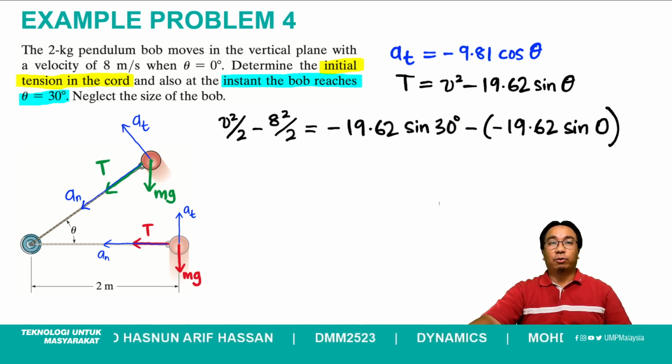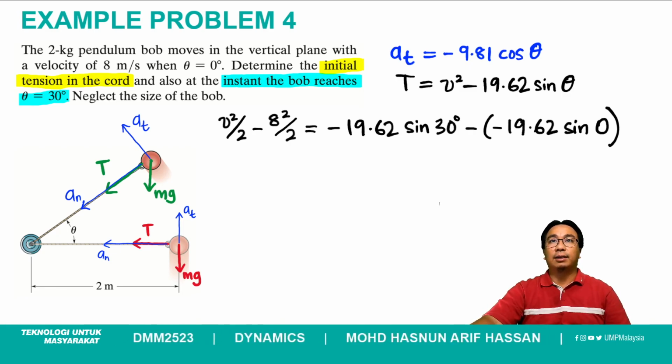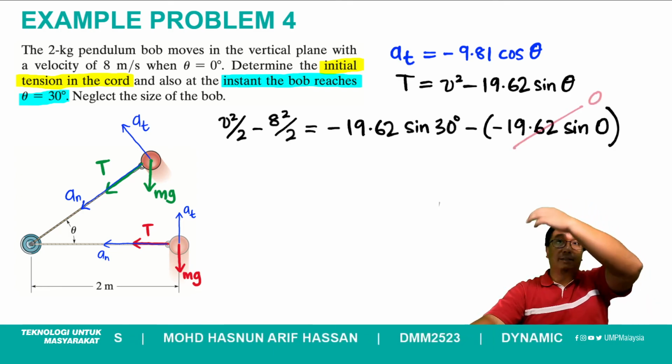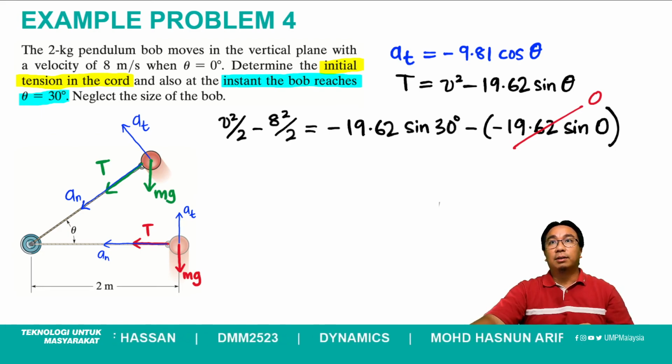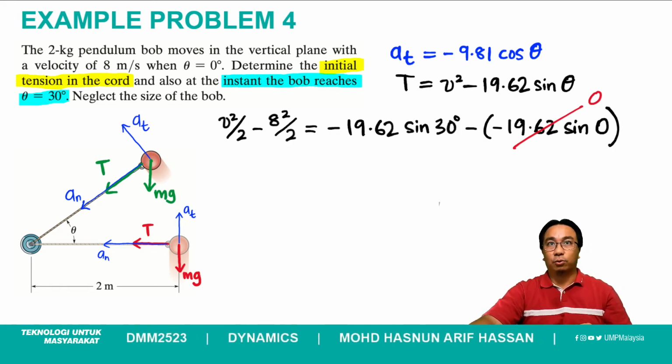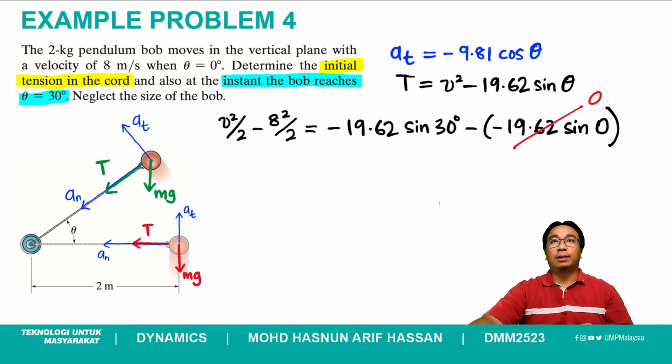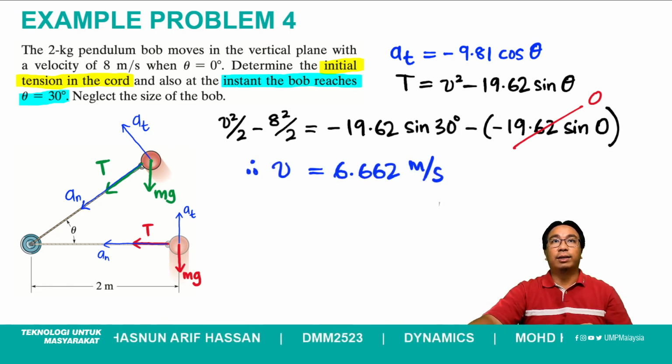V square over 2 minus 8 square over 2 is equal to minus 19.62 sin 30 minus 19.62 sin 0. Sin 0 is equal to 0. So basically this term will become 0 also. Okay, so when we know this is 0, we can rearrange to get the value of V.